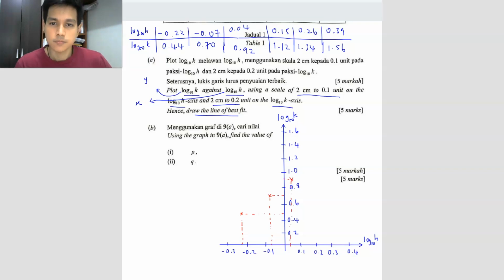So next, 0.15, all the way to 1.12, 1.12 somewhere here.